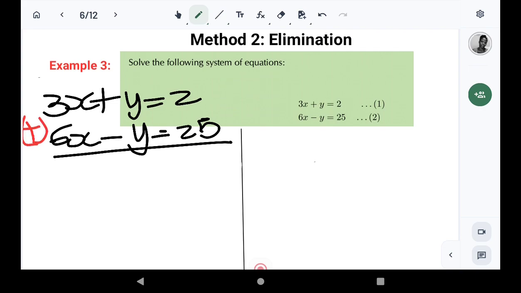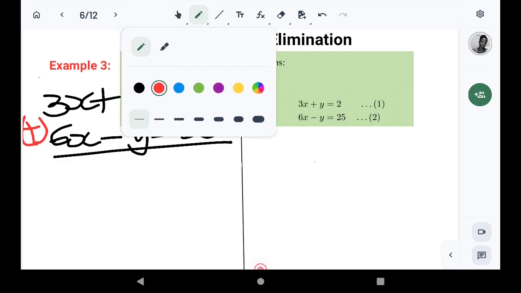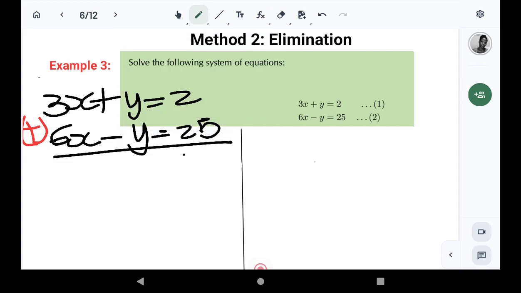You add 2 plus 25 from the right-hand side, obviously. 2 plus 25 gives you 27, equals y plus negative y, that's the same as y minus y, which is 0. So that gives you 0 here.